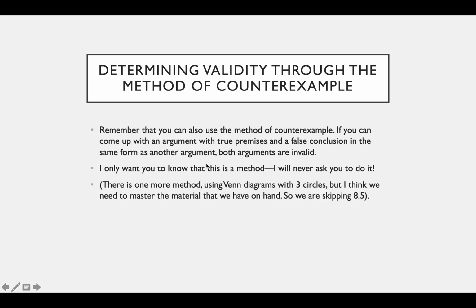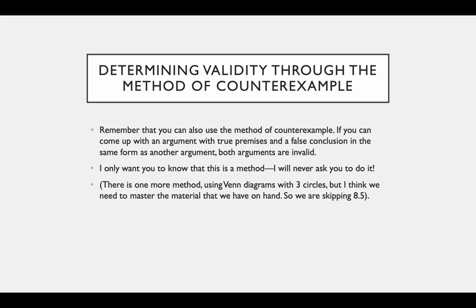There's another method for determining validity. I don't know if you remember this. It was from a few weeks ago. This is that you can come up with an argument with true premises and a false conclusion. This is the same form, and it's another argument. So if you have an argument and you're not sure whether or not it's valid, if you come up with an argument in the exact same form, so if it's all A propositions and it's in figure 1, and well, I shouldn't say that.